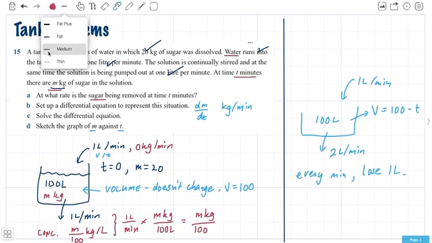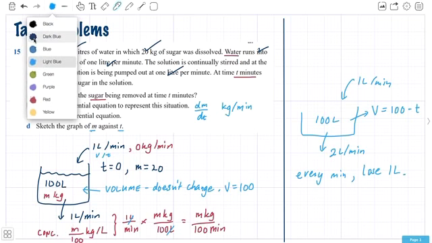The cool thing that you will see happen is that the litres cancel on the top and bottom. So it gives us the proper units that we want, kilos per minute. So we've got m kilos per 100 minutes as our rate, m over 100 kilos per minute.